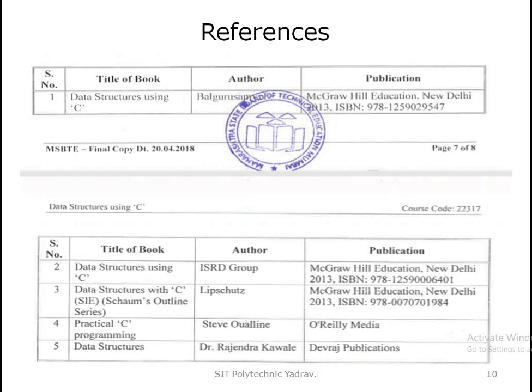Next point is the references. In that, it shows the reference books we study for this subject, data structure using C. There 5 books are shown.